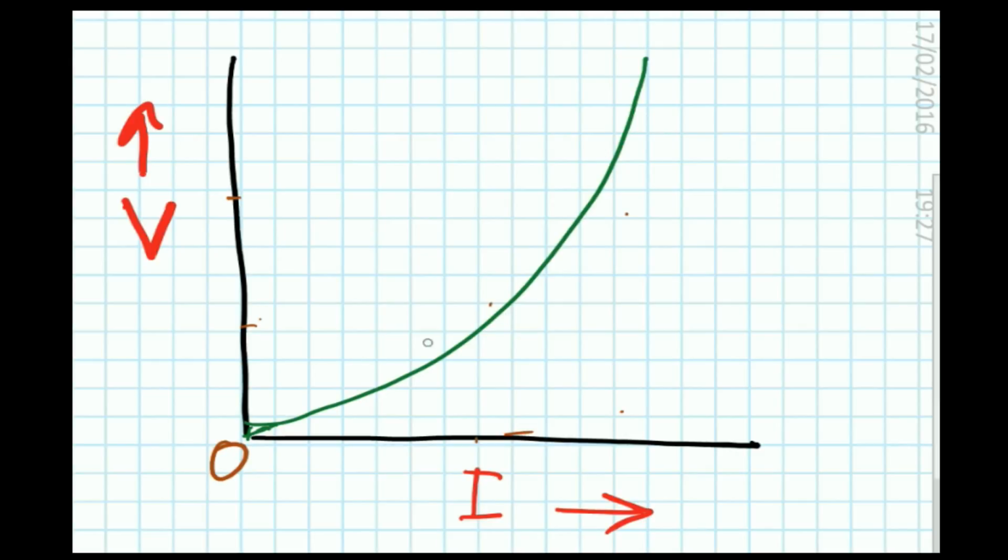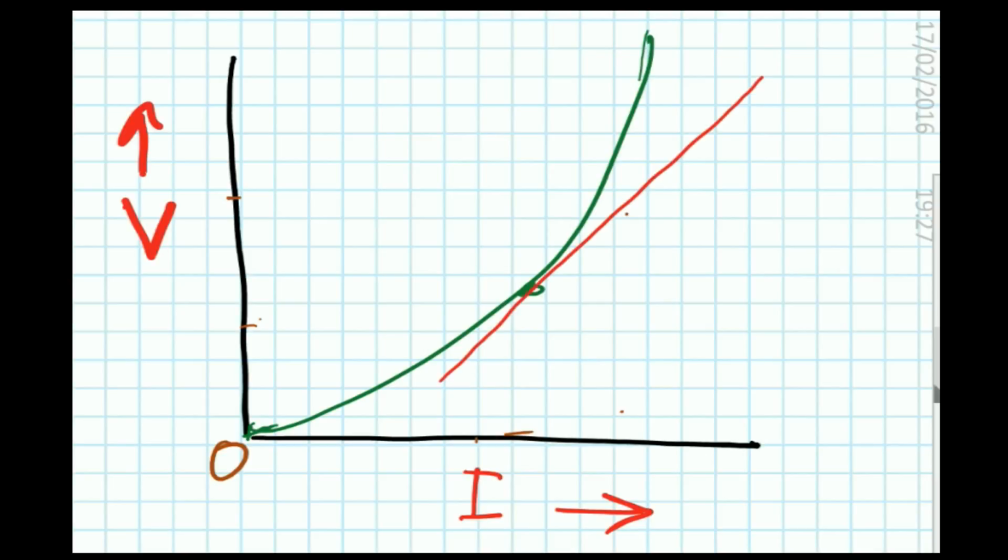To find the resistance at a particular point, suppose this is the curve and I want the resistance at this point, what will I do? I will draw a tangent, like this. I will draw a tangent at this point, and the value can be determined by finding the slope of this tangent. So what will I do?